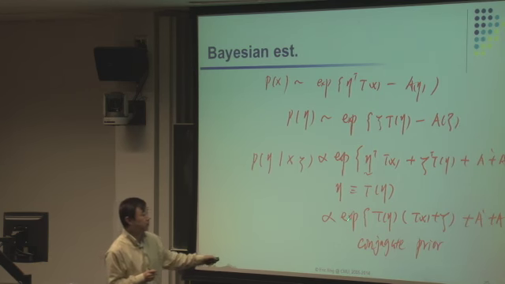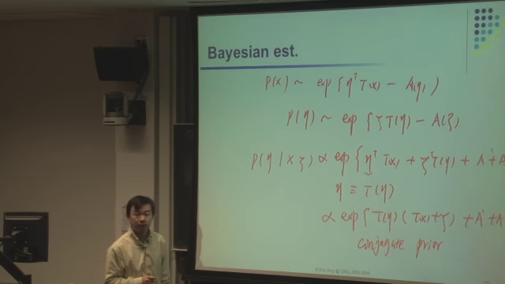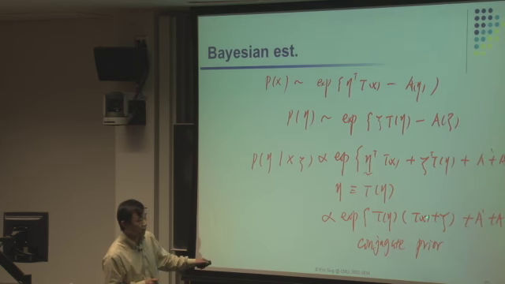If you compare the posterior and the prior, you now realize that they take exactly the same form, except that the sufficient statistic of the posterior has the data term in addition to the prior term.